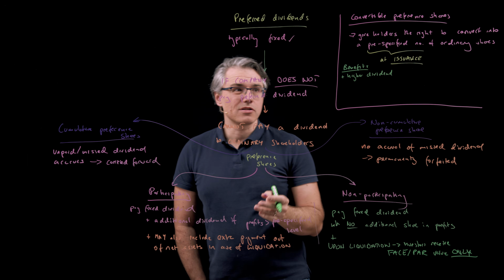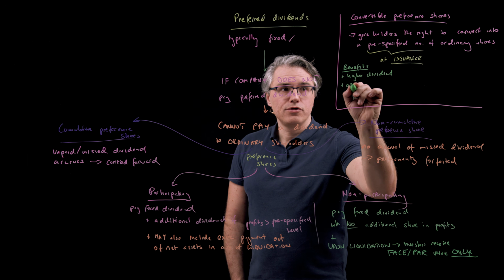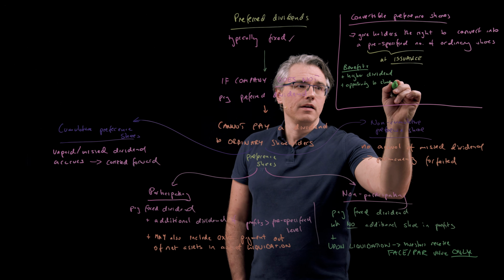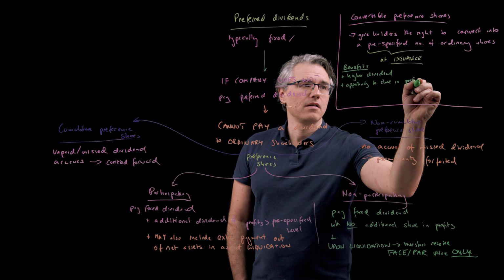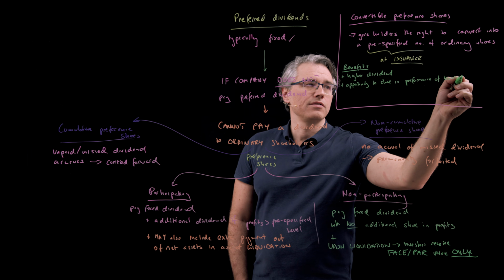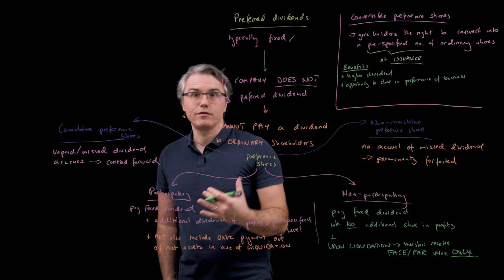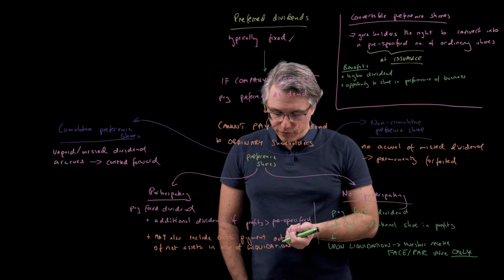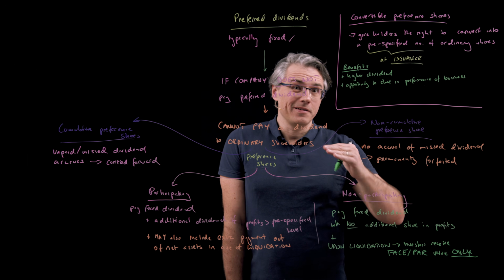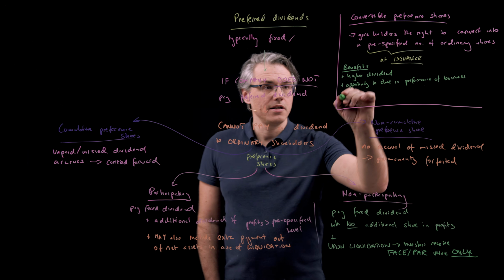So this is potentially a higher dividend. Definitely an opportunity to share in the performance of the business, because there is that possibility to convert into ordinary shares, become an ordinary shareholder, and ordinary shareholders definitely have that connection with the business performance, which they feel via not just the ordinary dividend, but also via capital appreciation, possibly.